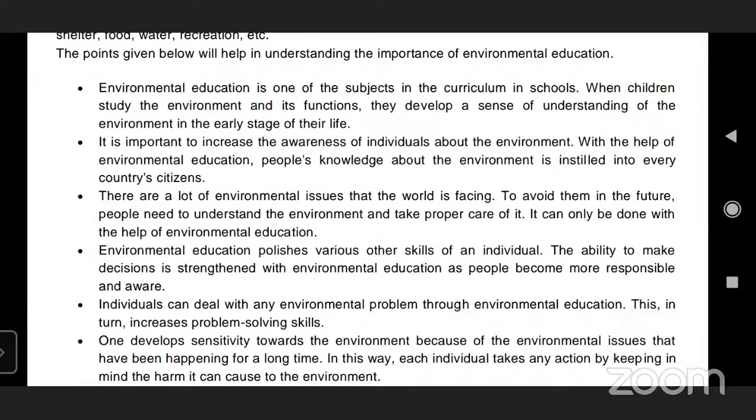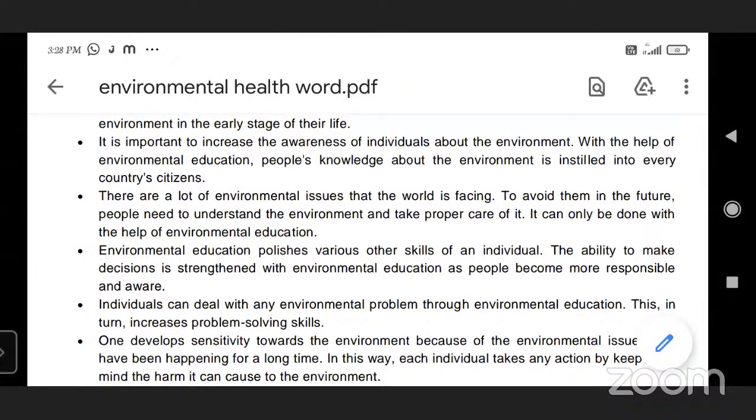The ability to make decisions is strengthened with environmental education as people become more responsible and aware. As we know, individuals can deal with any environmental problem through environmental education.